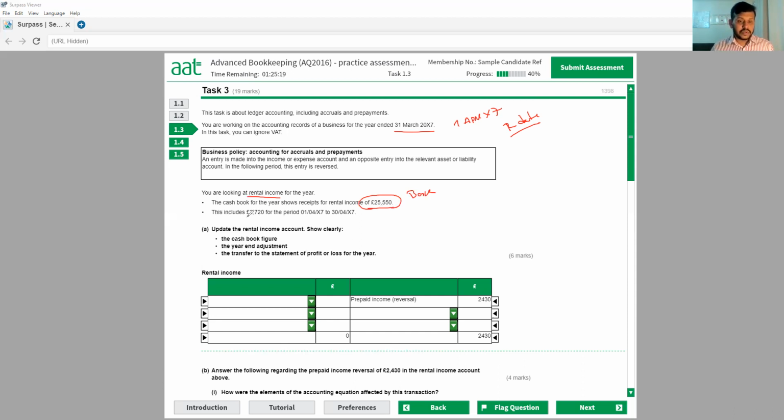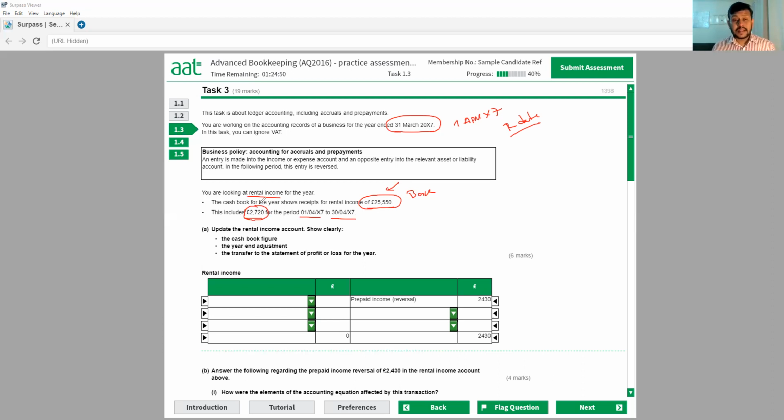This includes 2,720 for the period 1st April 17 to 30 April. You can see clearly our year ended 31st of March 17. So inside of this figure, 25,550, one amount, 2,720, is the prepayment income. So we received it for the prepayment.